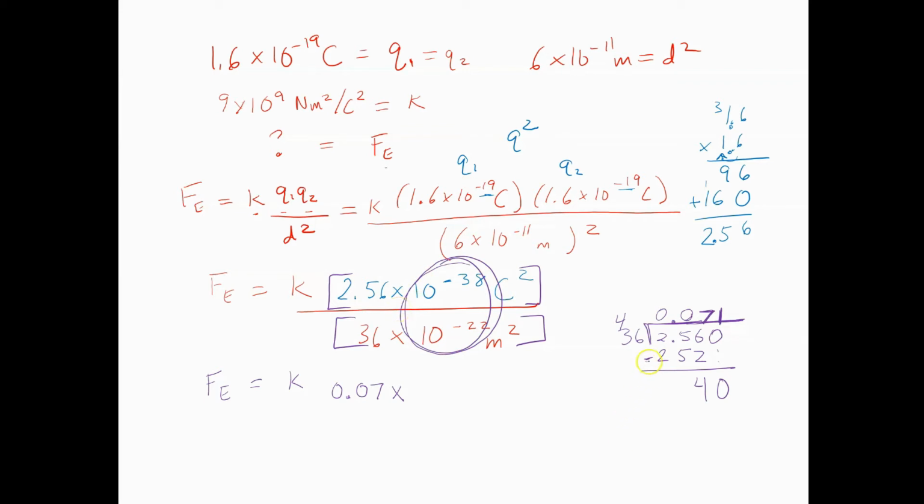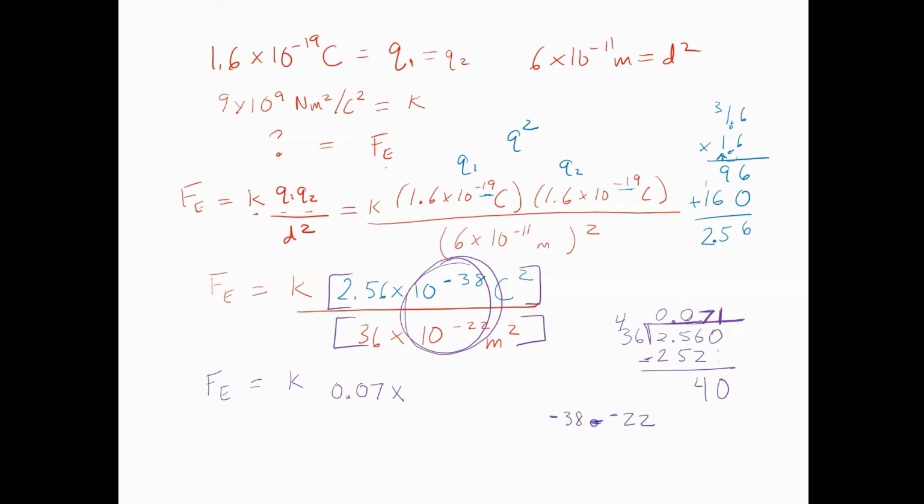Now I'm going to divide these exponents. Remember, the companion to division is subtraction. Reviewing from earlier pages, scientific notation, when we have these two exponents, you do subtract them. You take the top minus the bottom. So negative 38 minus negative 22.